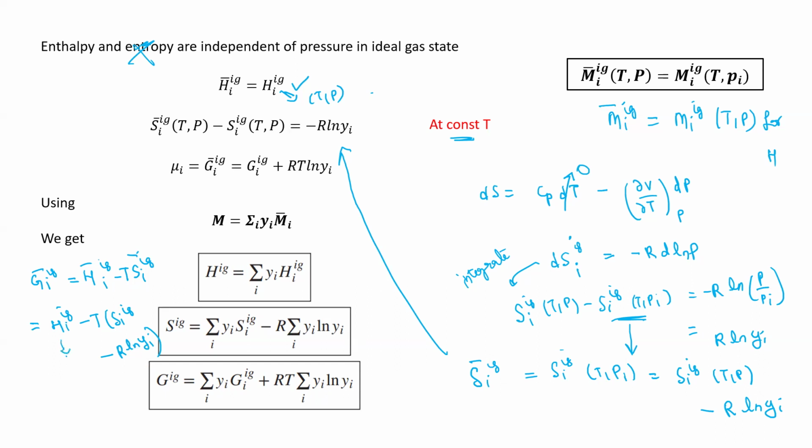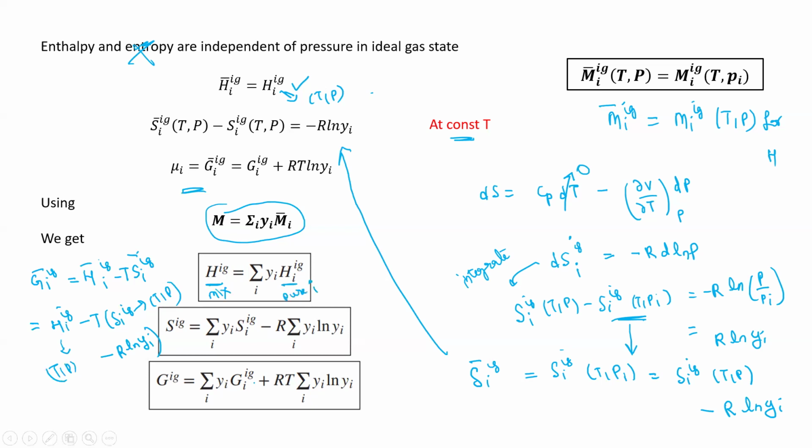This is all defined at T, P. So that's how I get this equation. Later we have discussed this already. It's a summation of things. For the volume also we have done. So as a result we get H of the mixture, which is the property of the mixture, and this is the property of the pure species.